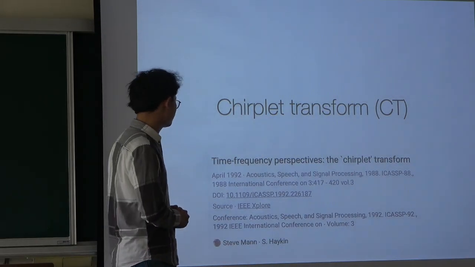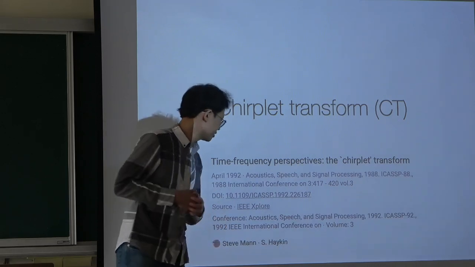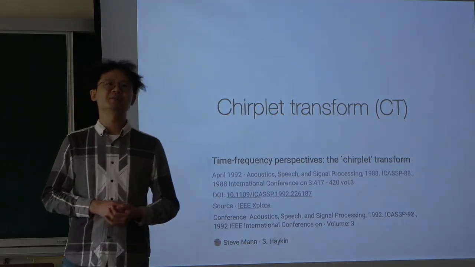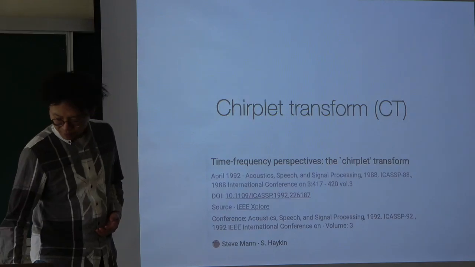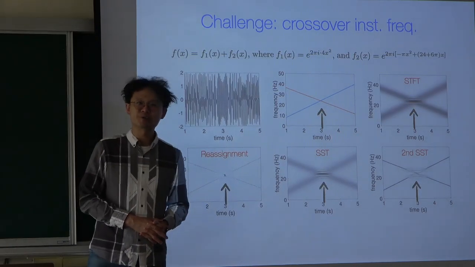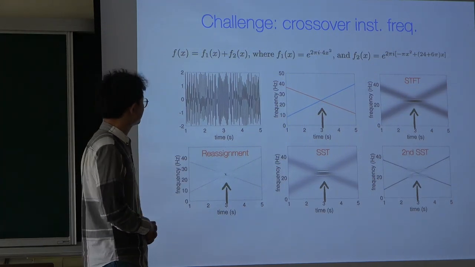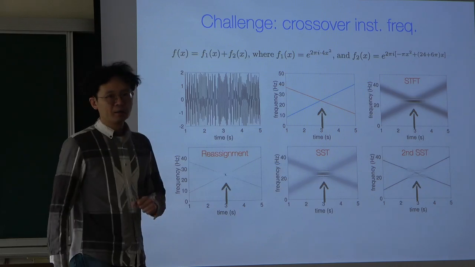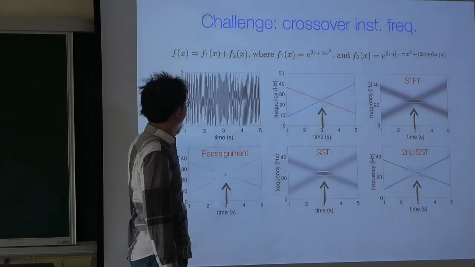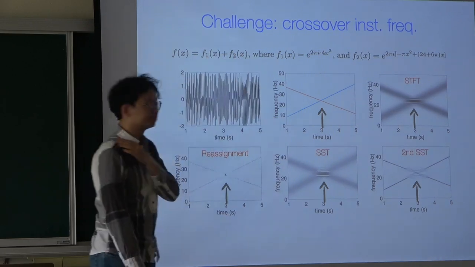And Chirplet transform was first introduced maybe in 1988, which is very old, 30, 40 years ago. And what is the challenge? We try to use the Chirplet transform. The main challenge is the following. I now give you a function f, which is a summation of two functions, f1 and f2.